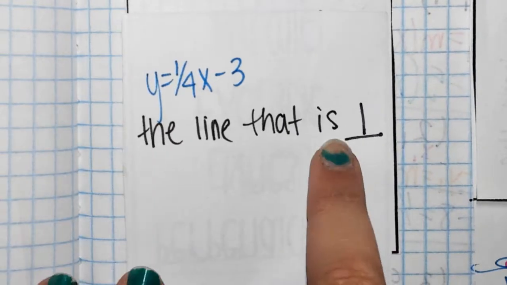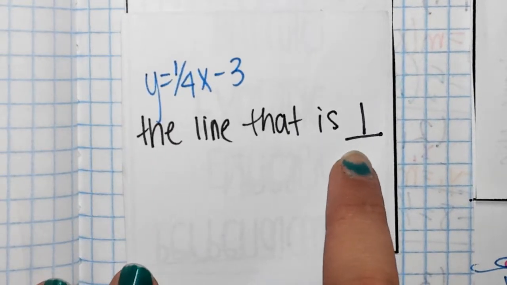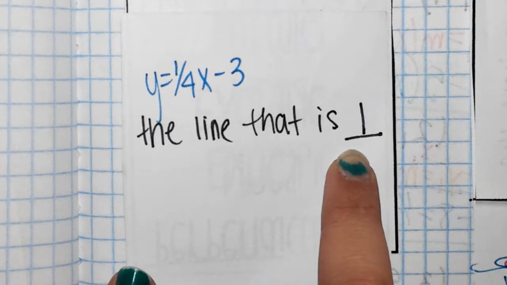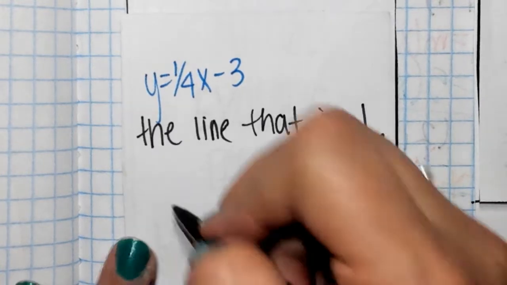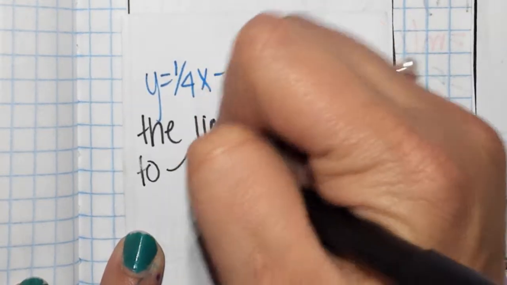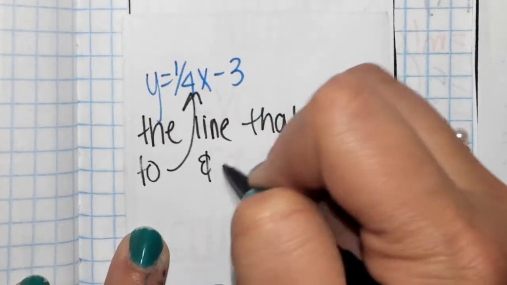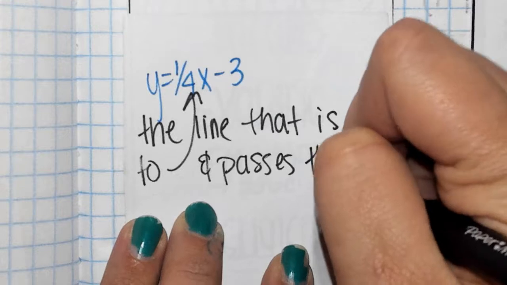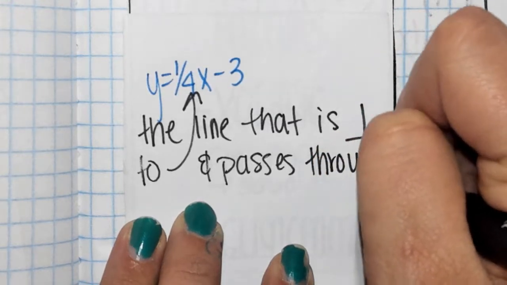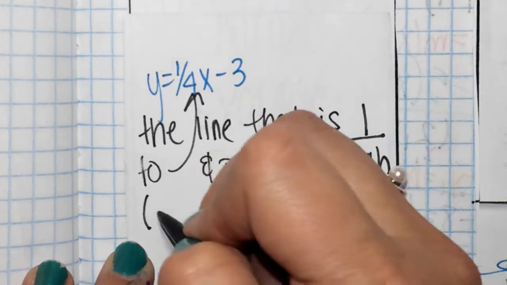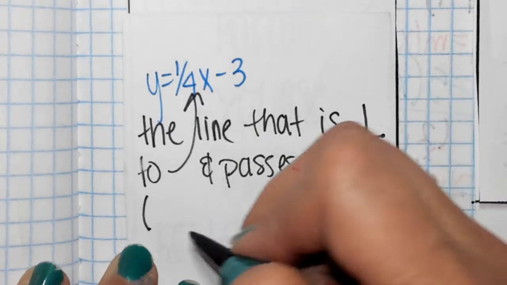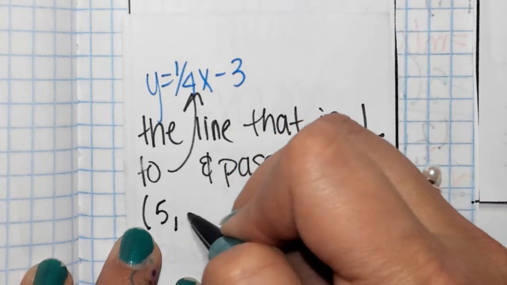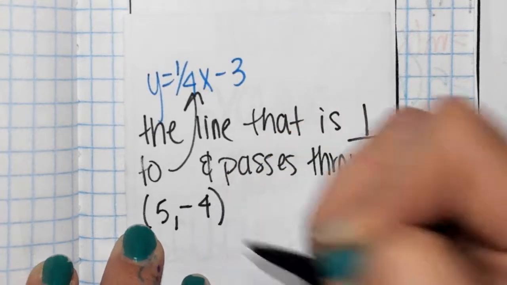Now, this is the symbol for perpendicular. It's an upside down T. You remember that? Awesome. That is perpendicular to the equation and passes through 5, -4.